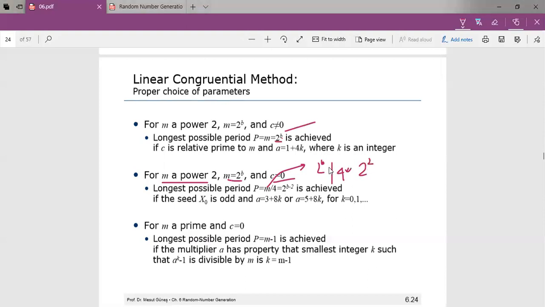So finally it is 2 to the power of b into 2 to the power of minus 2, and this 2 to the power of minus 2 represents nothing but the value of 1 by 4.